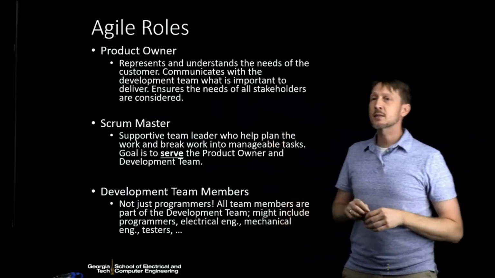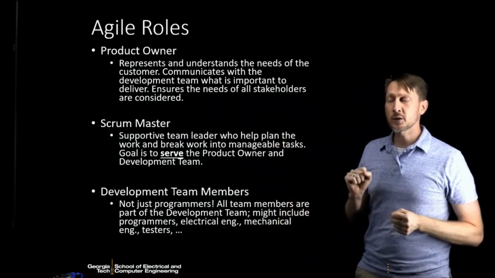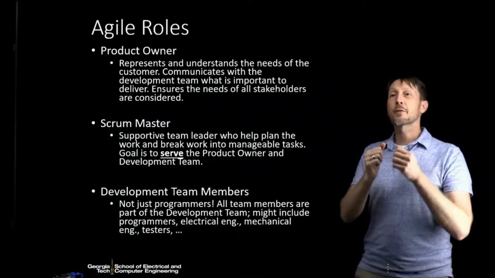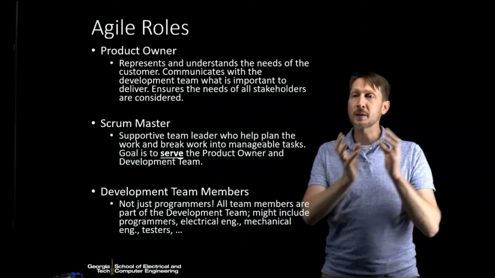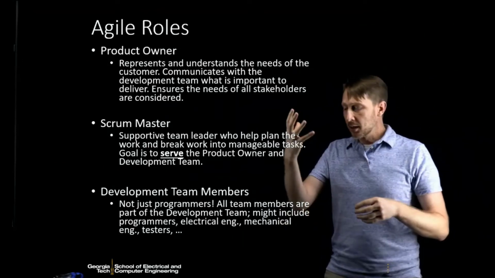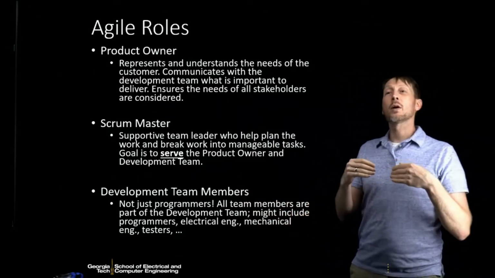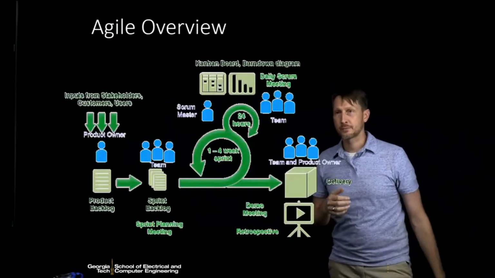That's one of the main things that the Scrum Master is doing. The product owner represents the customer, and so the product owner is looking to make sure that what is being built actually is what the customer wants, as opposed to what is in the contract.